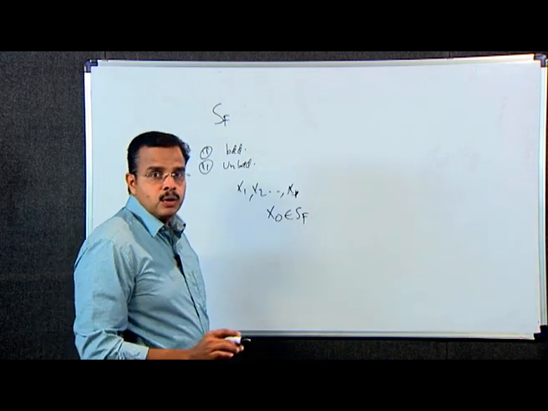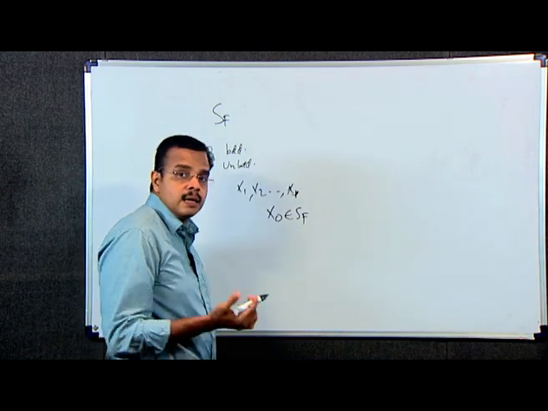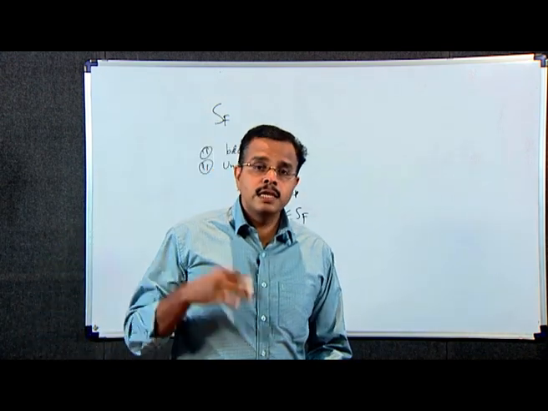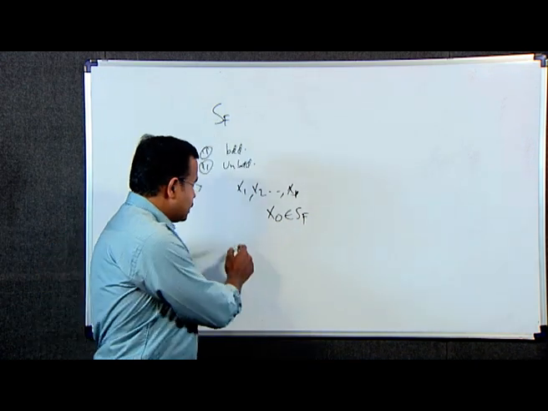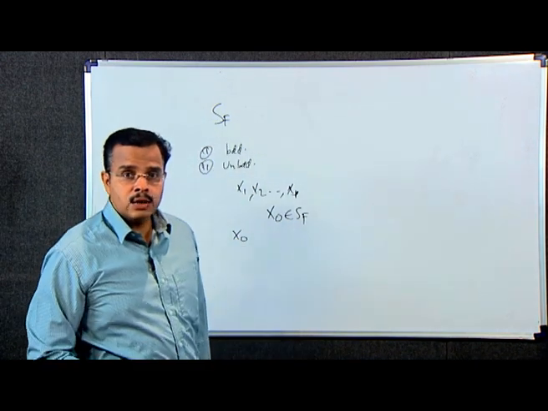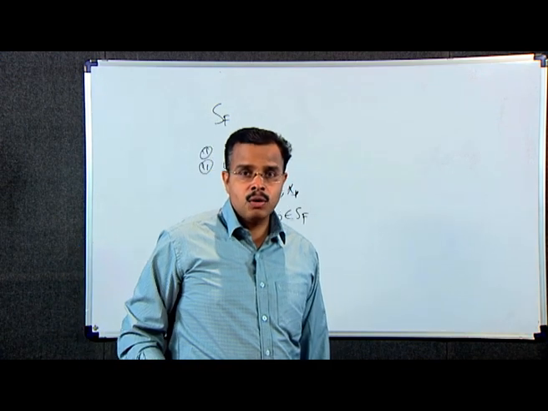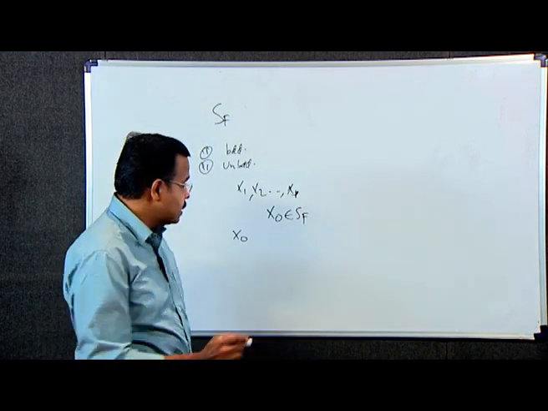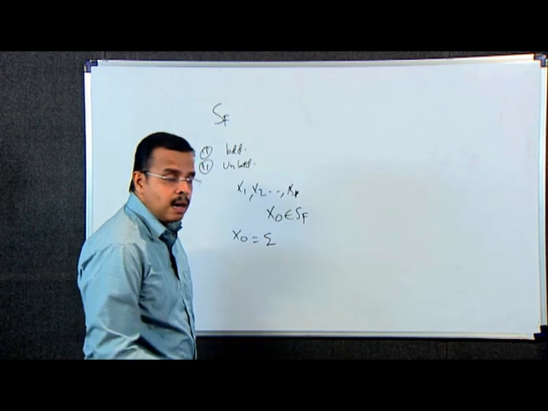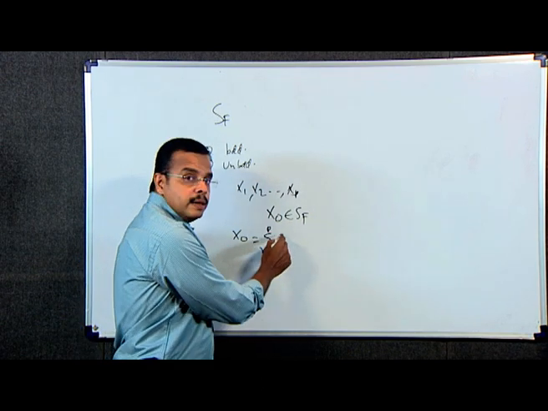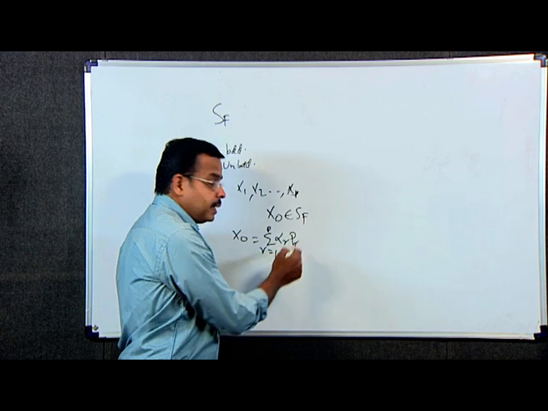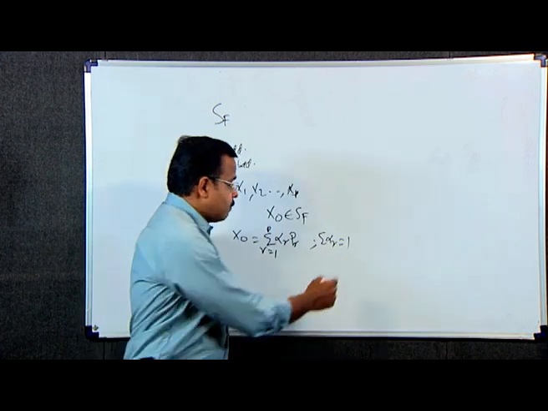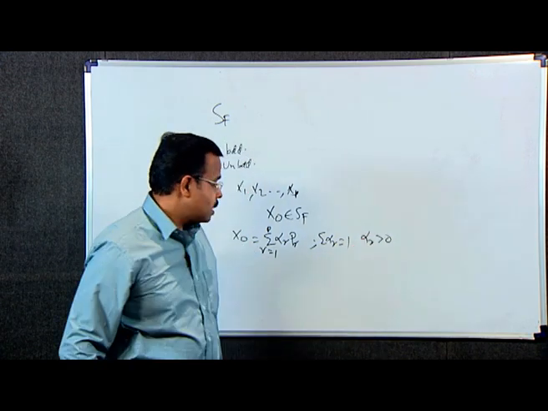If x0 is a vertex, then there is nothing to prove. Otherwise, if x0 is not a vertex, x0 can be expressed as a convex linear combination of xr for r equal to 1 to p, so x0 equals summation r from 1 to p alpha r into xr, for summation alpha r equal to 1, where alpha r greater than or equal to 0 for r equal to 1 to p.